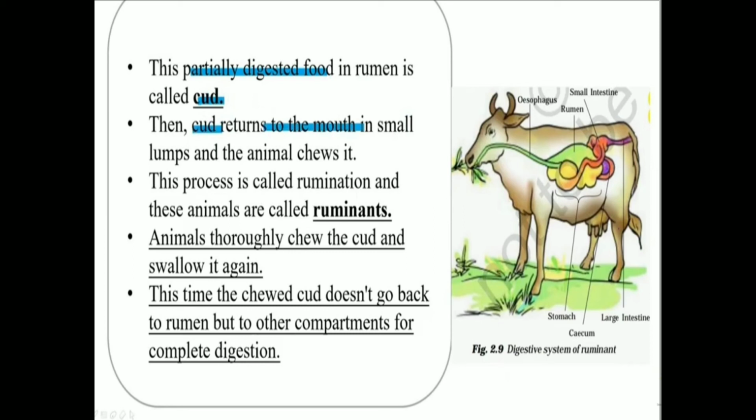The chewed food then goes into another compartment, where complete digestion takes place, and the undigested food will come out. Right, so this process is called rumination, and these animals thoroughly chew the cud and swallow it again.